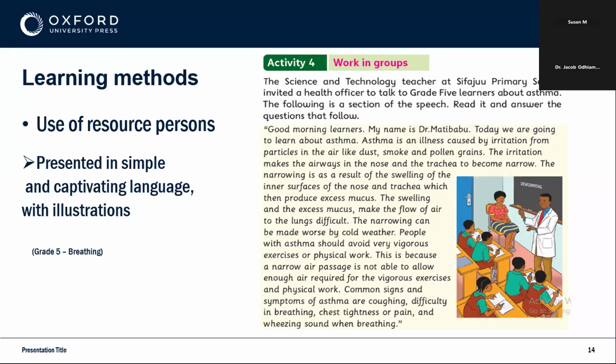They found it wise to invite a medic, somebody working in the hospital, who has very good knowledge on matters pertaining to health and the breathing system. So you can see there, the resource person is talking to the learners. Of course, it must be in the presence of the teacher. This is a very good learning method, which you are all encouraged to use when appropriate.